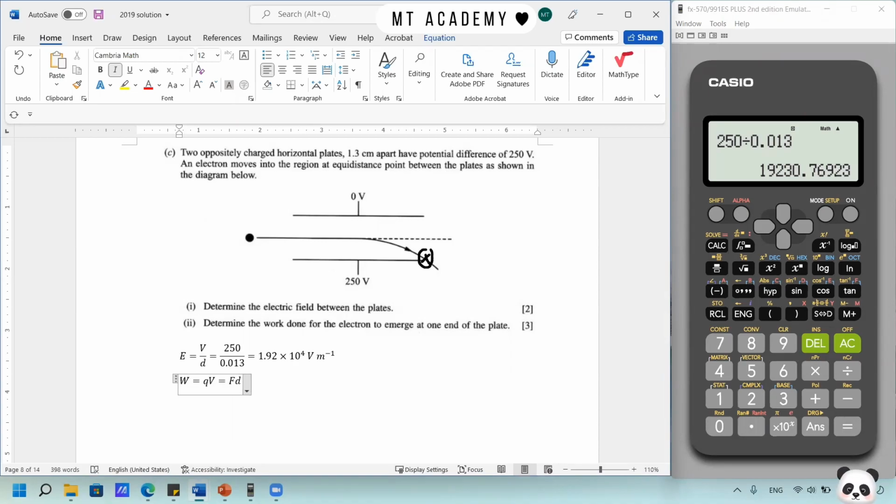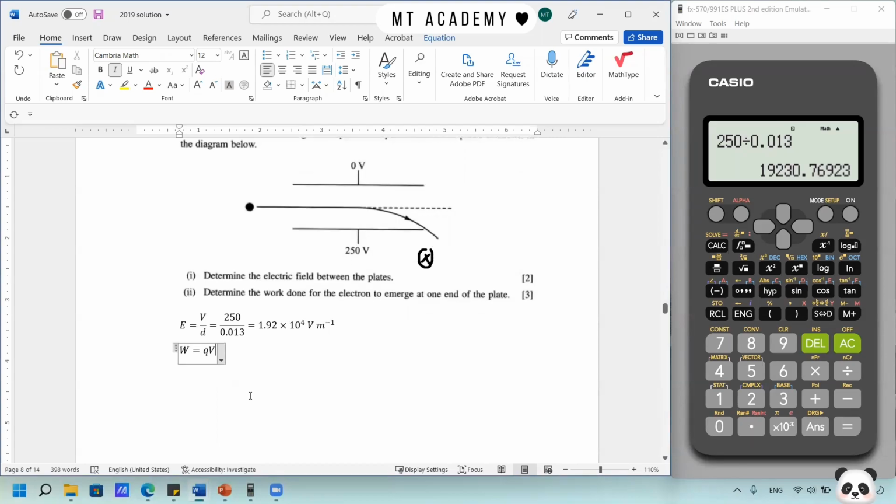This solution has been discussed in one of my case studies, so I'll put a link for you to look at it if you haven't. I think they are similar. We proceed with QV instead of Fd because we would need to calculate the force, which is extra work, but it's quite worth studying. So proceed with work done equal to QV.